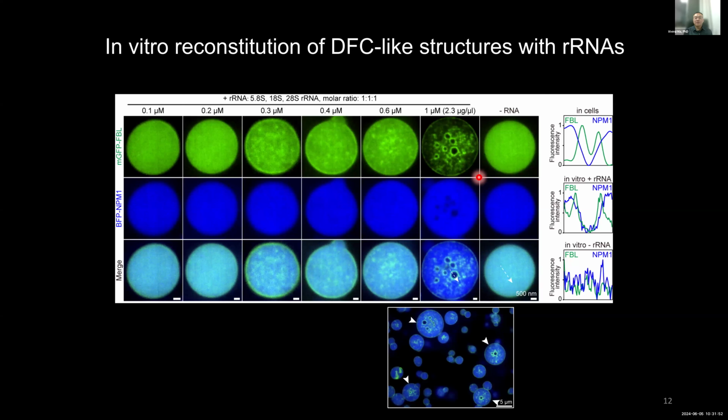Oh yeah, the nucleolus multi-layered architecture is, I cannot say essential, but it's important for its function, because a very beautiful work from Lin Chen's lab shows that a non-coding RNA is able to regulate the size of the DFC, which then also regulates the efficiency of ribosome RNA transcription. So the structure is, of course, important.